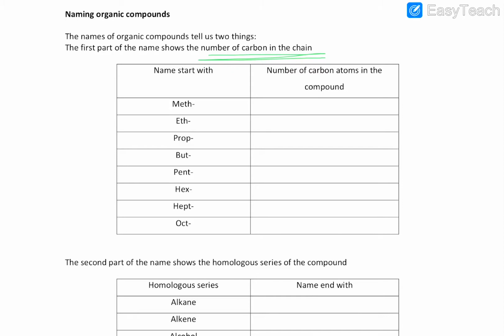If it starts with meth, there's going to be 1 carbon. If it starts with eth, it means there are 2 carbons. Prop, 3 carbons. But, 4. Pent, 5. Hex, 6. Hept, 7. Oct, 8. So the name tells us how many carbon atoms there are going to be in the compound. You have to know these.